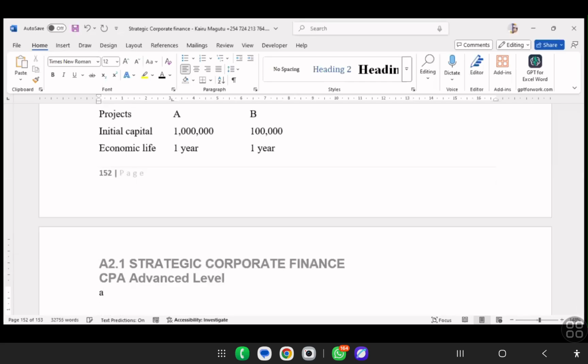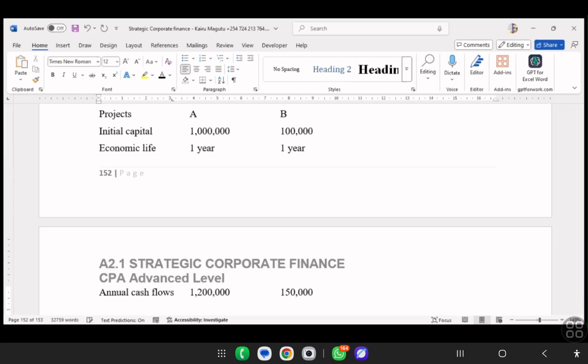Then we are told that the annual cash flow at the end of the 1 year of economic life is 1.2 million for A, but this other one has 150.